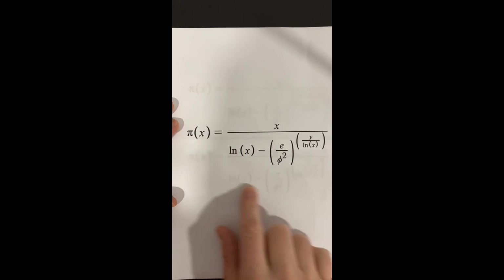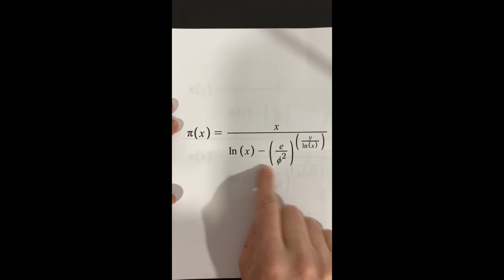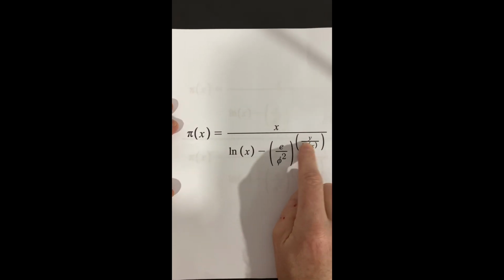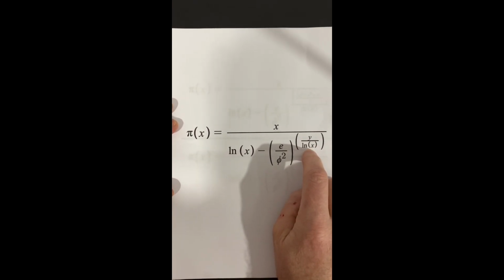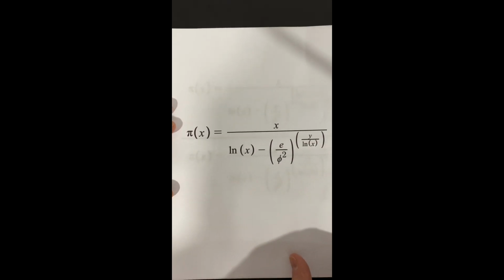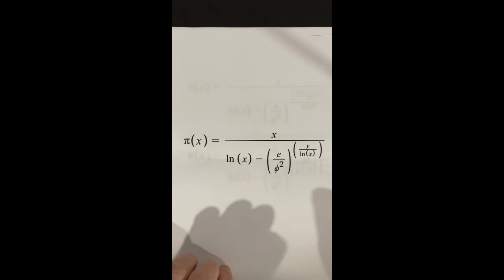So I strongly urge you to plug in this formula and just play around with these numbers and see what you come up with, and see maybe there's a perfect combination that we can find. I'm just going to show you a couple of the ones I've found that seem to work really well.